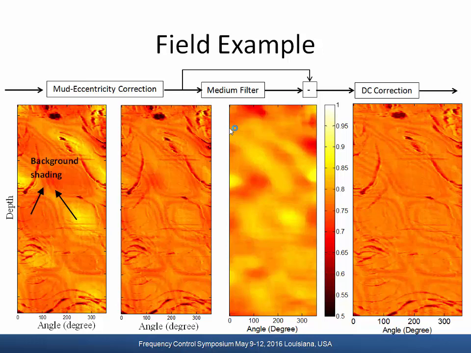And then we apply the median filter to further reduce the background pattern. So there are no borehole features here. That is good. When we apply the image subtraction, the borehole features can be preserved very well. And if you look at the output of the median filter, it follows the trend of the wood grain pattern.